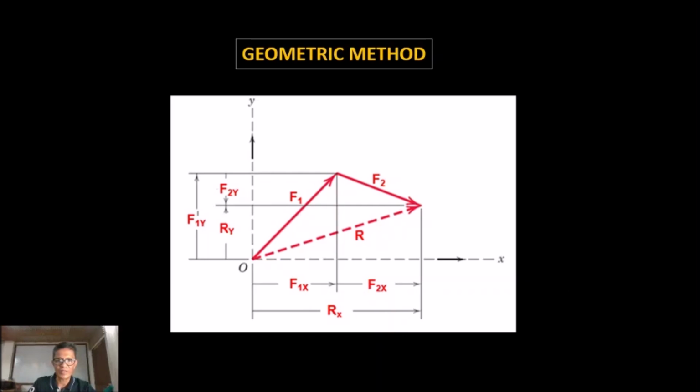In this example, F1x and F2x are the components. So Rx is equal to F1x plus F2x, and Ry is equal to F1y minus F2y. Okay, I have explained that before.